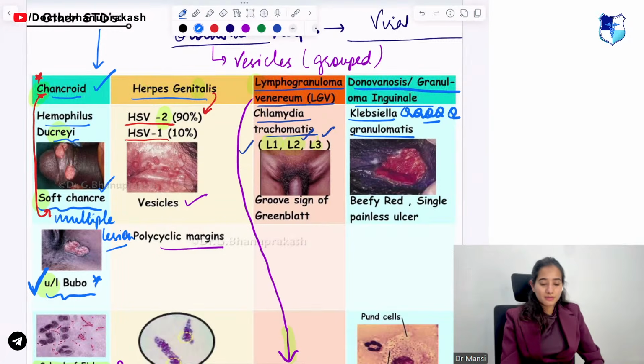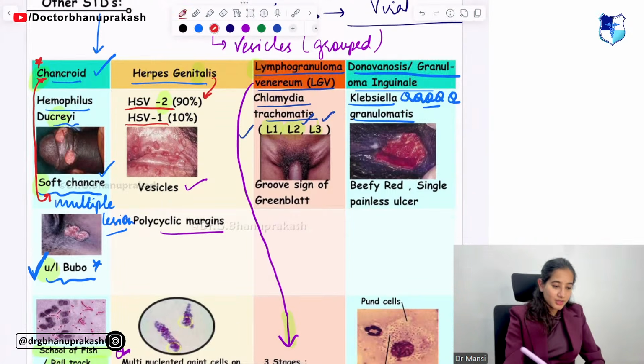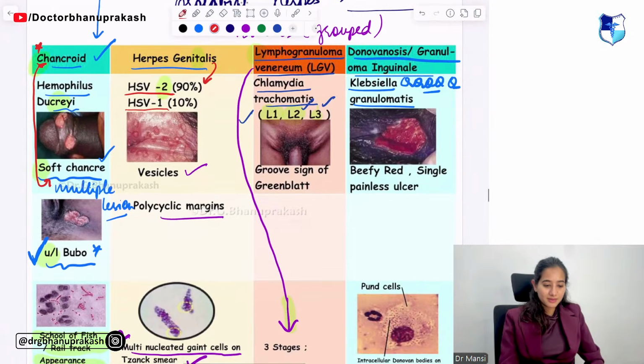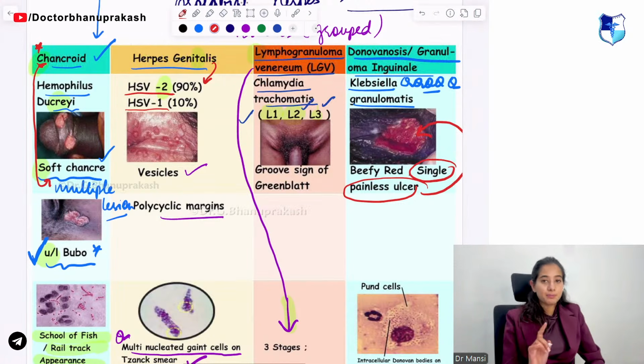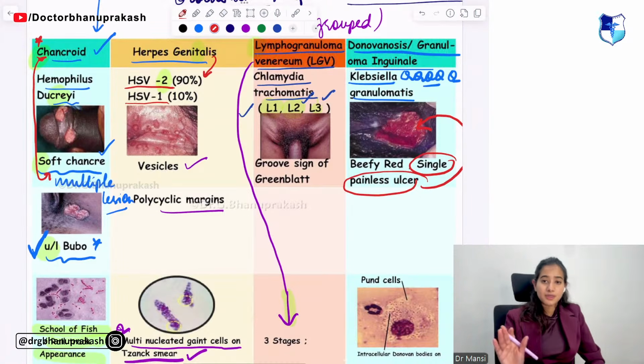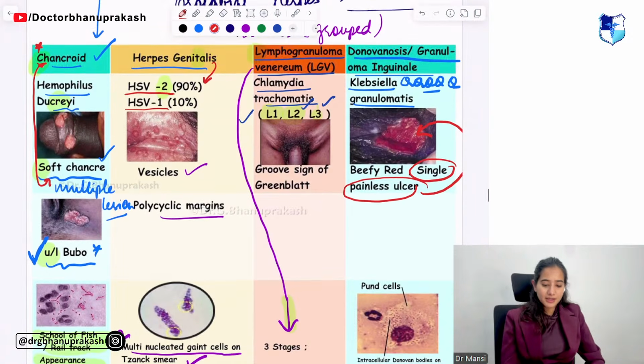Moses wants to have a dinner break. You can eat while you're studying, probably, right? So there is a single painless ulcer which is present, and it is beefy red. So probably you might have seen beef. It appears beef red, and it is painless.